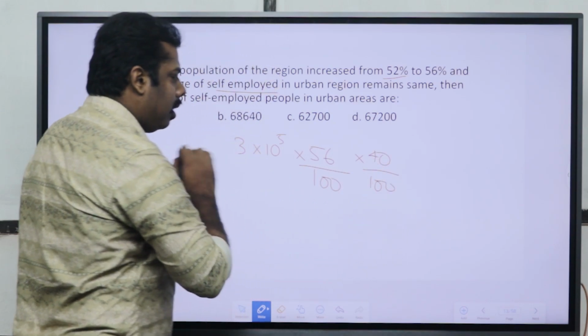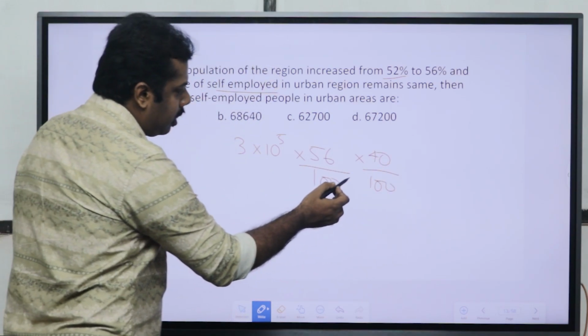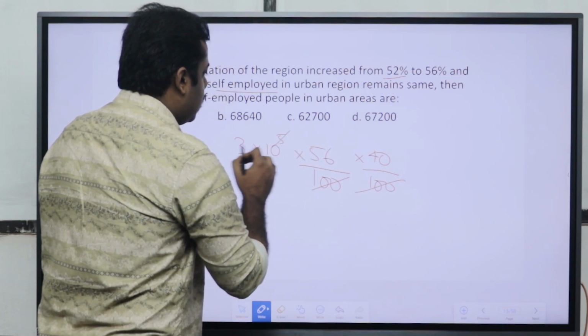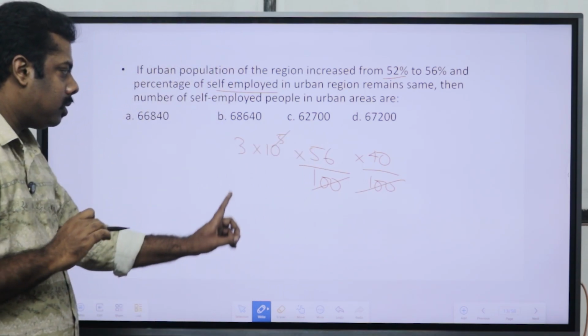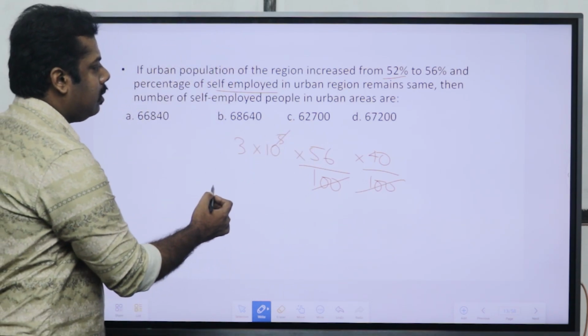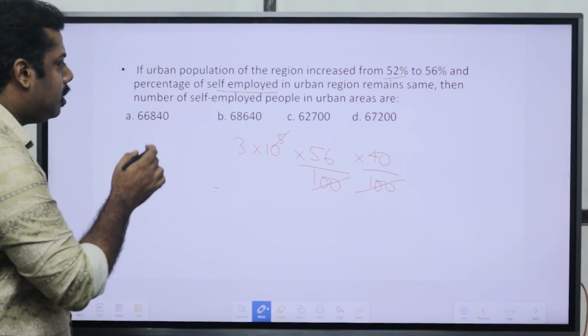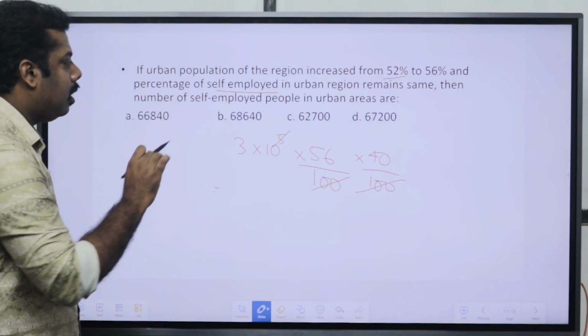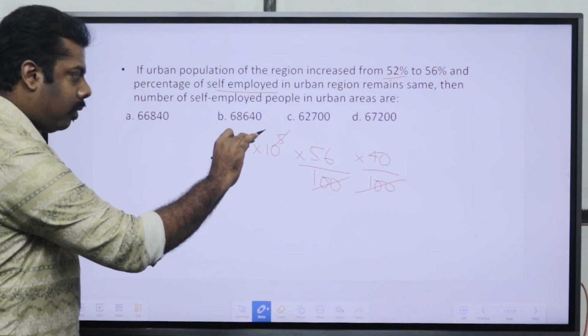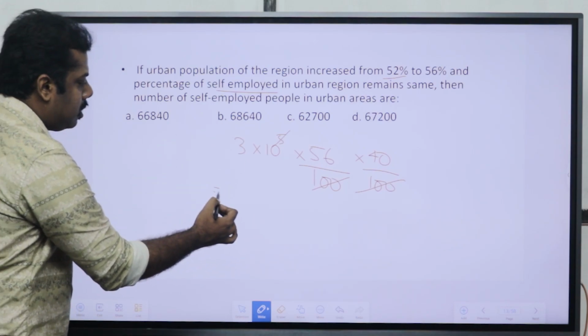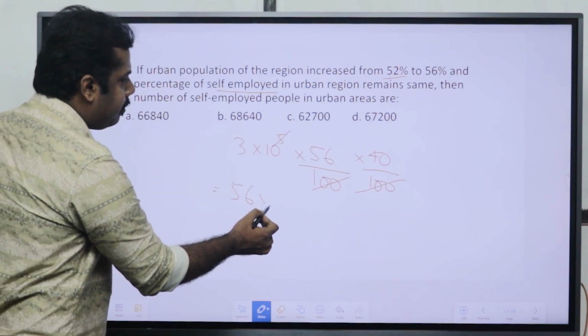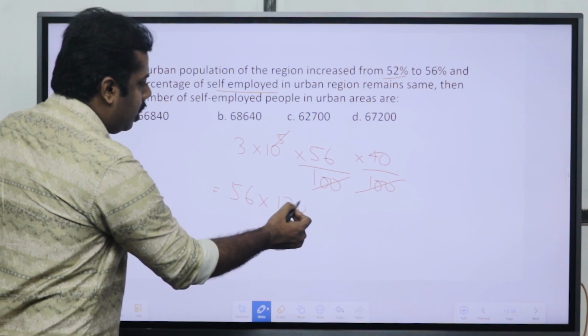Now an easy calculation here. 10 raised to 4 is there, we can cancel it out, so the remaining is 110. Now just multiply these values: 3 into 56 into 40. 3 into 40 is 120, so this is basically 56 into 120 into 10.